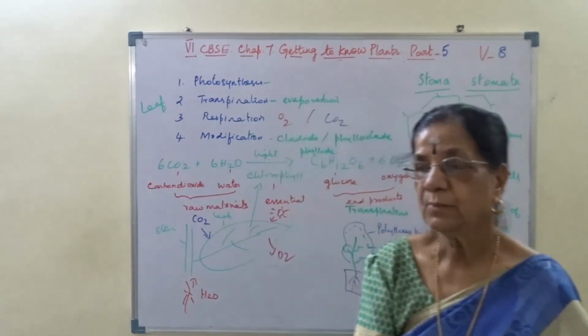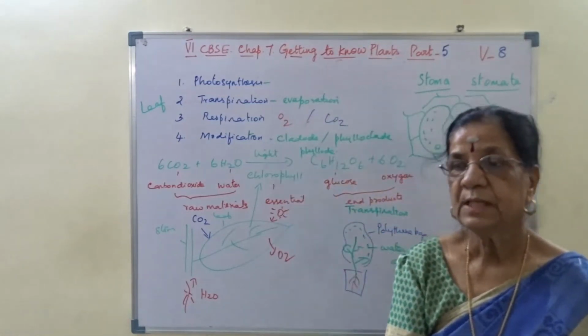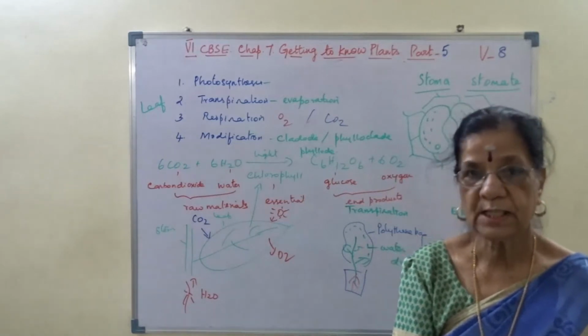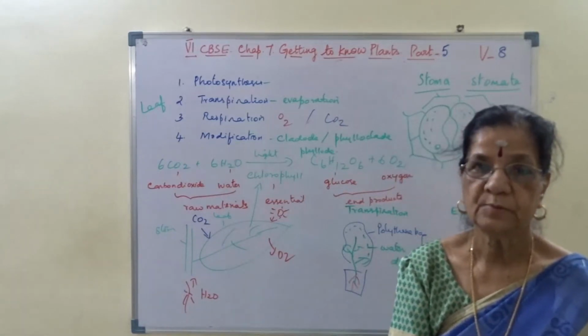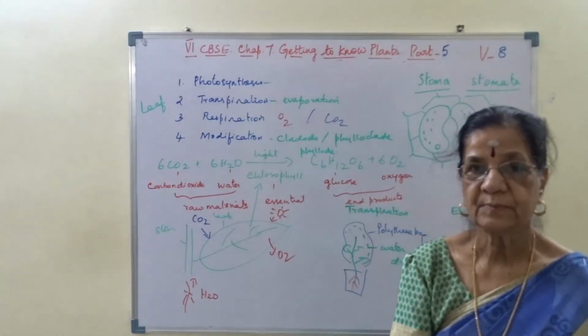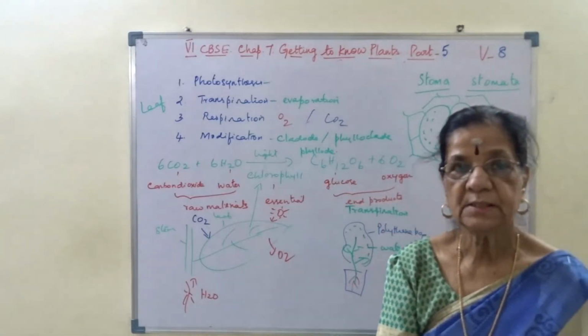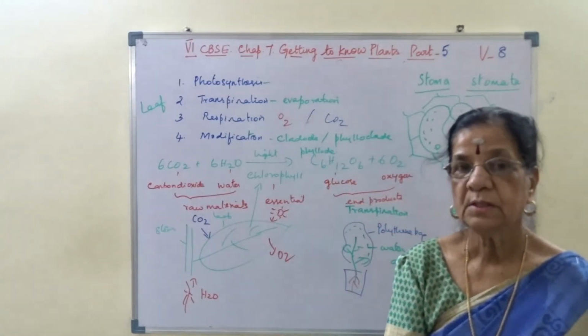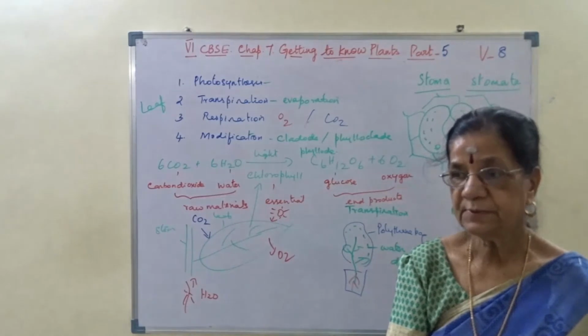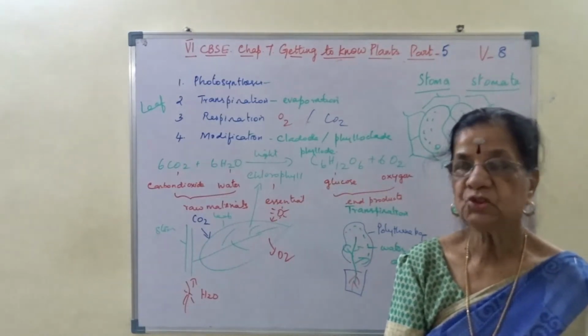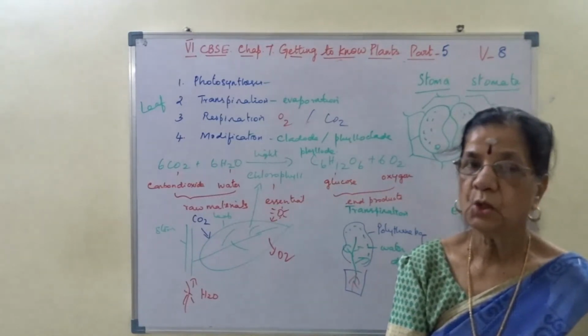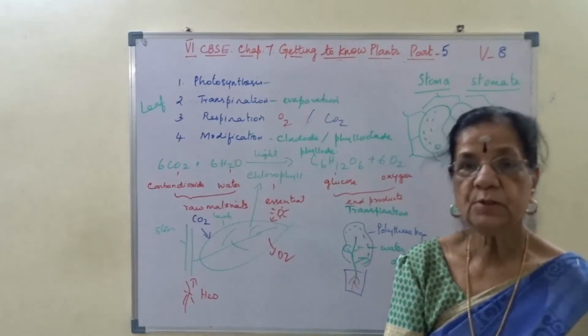Okay, so we come across three terms, cladode, phylloclad and phyllodes. I hope you understand.